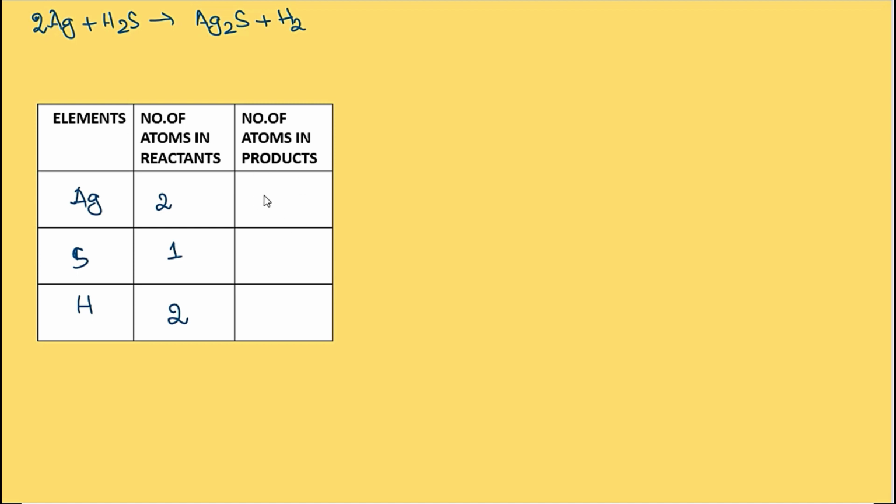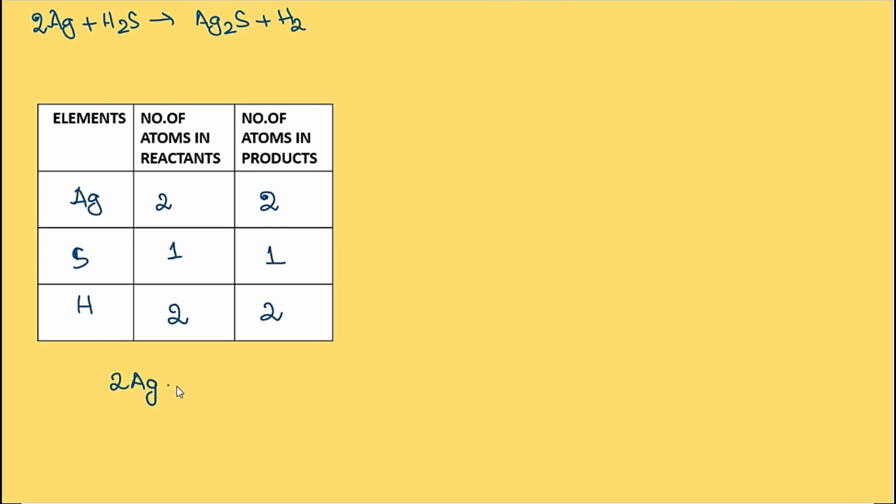For the product side, silver or Ag has 2 atoms, sulfur has 1 atom and hydrogen has 2 atoms. So we see clearly that the number of atoms in reactants is equal to the number of atoms in products and the equation is completely balanced.